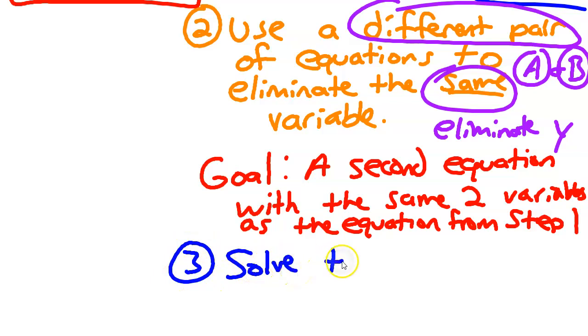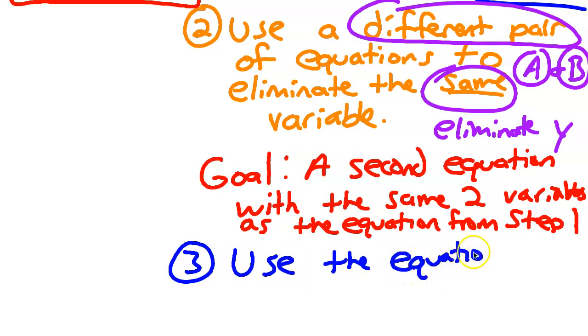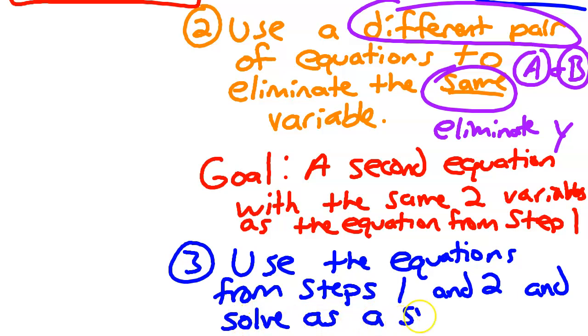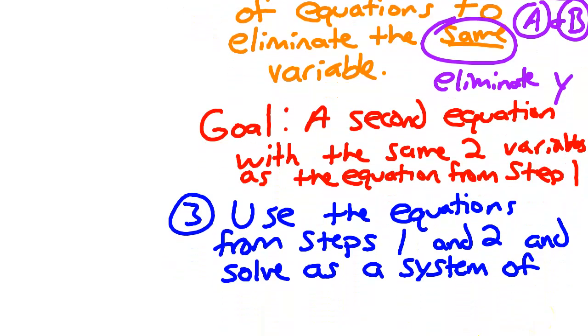So step 3, solve the... how do I want to say this? I didn't word it this way before, sorry about that. Let me back up here a little bit. Use the equations from steps 1 and 2 and solve as a system of equations of two variables.